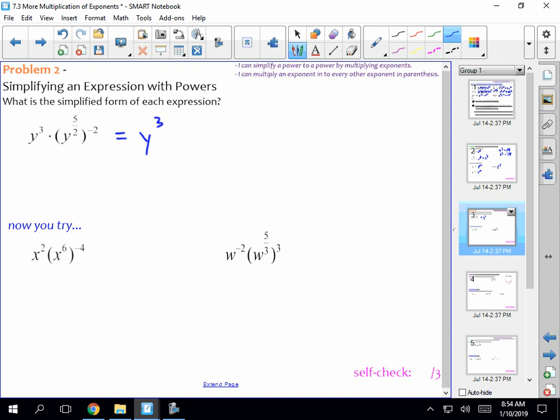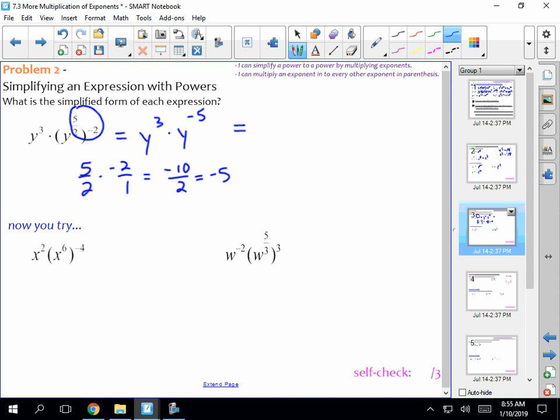I'm going to apply the rule that we just learned here with these exponents. I'm going to multiply the 5 over 2 times the -2. So I have times y to the, so 5 over 2 times -2 over 1 would be equal to -10 over 2 or -5, right? So multiplying 5 over 2 times -2 would give me a power of -5.